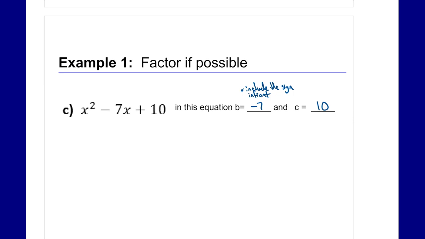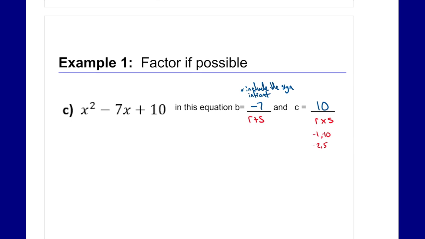Because they multiply to a positive value but add to a negative, this means that my two values that multiply have to be both negatives. That's the only way I can multiply to a positive and add to a negative. So I can go through all the factors, 1 and 10, 2 and 5, and that's it.